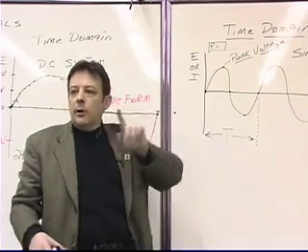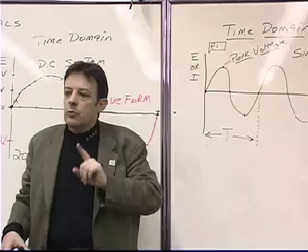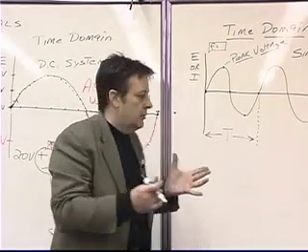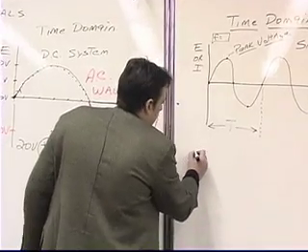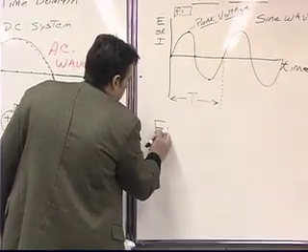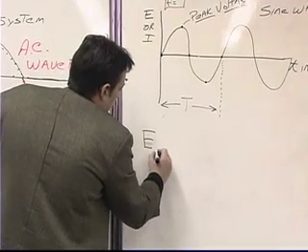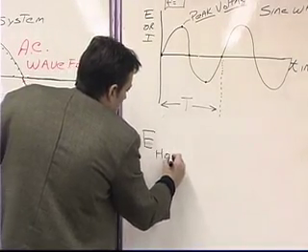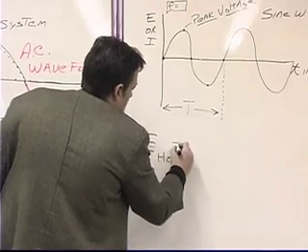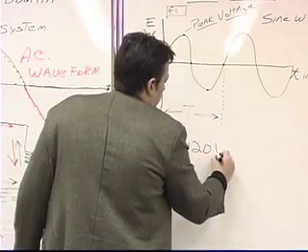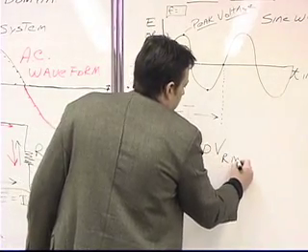RMS. It represents what we call the root mean square value of the voltage, which is a fancy way of averaging. So the voltage coming out of our home is equal to 120 volts RMS.